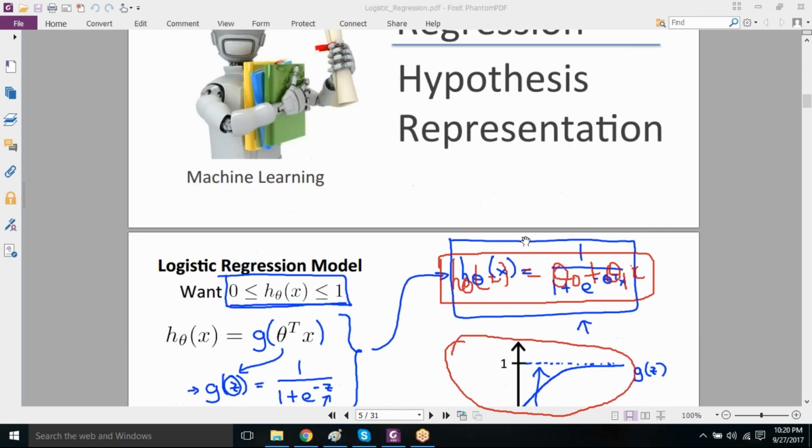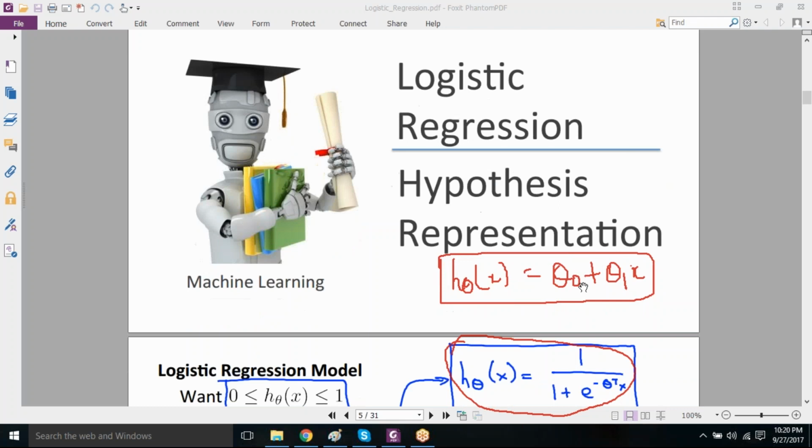Basically this thing has just changed. The function has been changed. And if you see, this hypothesis of linear regression has been used here. That's the same hypothesis which has been transformed here.